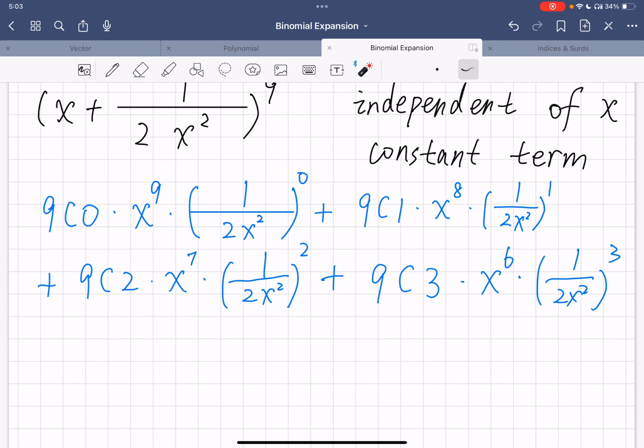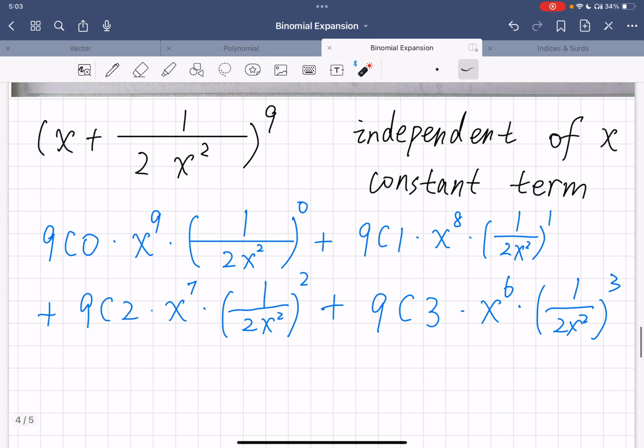Now I misunderstood the question. I thought the question wanted us to find x to the power 1. After I take a look at the requirement, I realize I made the mistake. Never mind. Just continue.